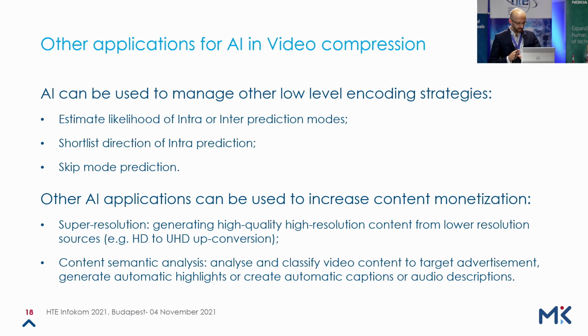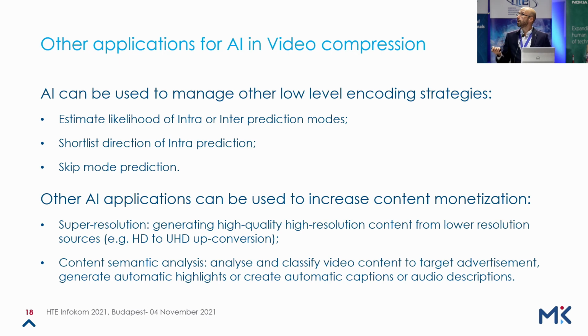So in this example, we've been really looking at cases where we didn't use AI to completely change the paradigm, but just to adapt some existing codecs and some existing technologies. And on those codecs, there are still many other areas that can benefit from this kind of approach.